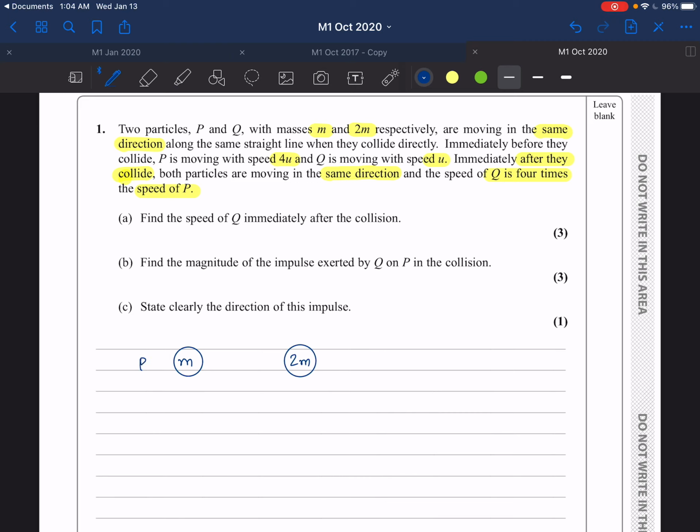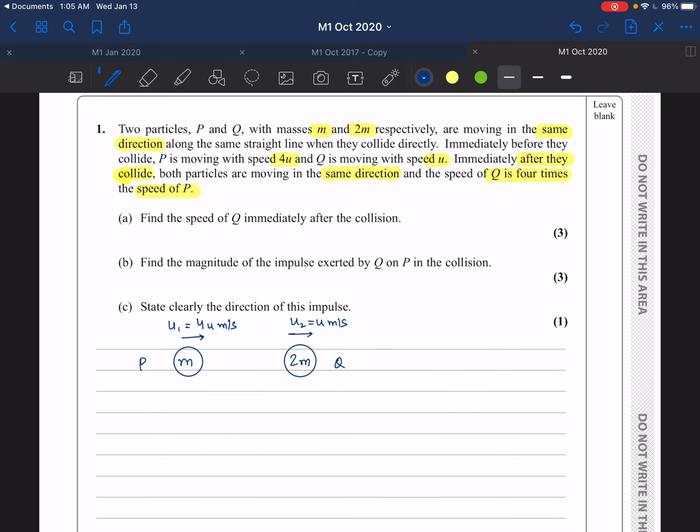Both of them were moving in the same direction, so let us consider they were moving in the right direction. So our u1 will be 4u and u2 will be u meter per second.